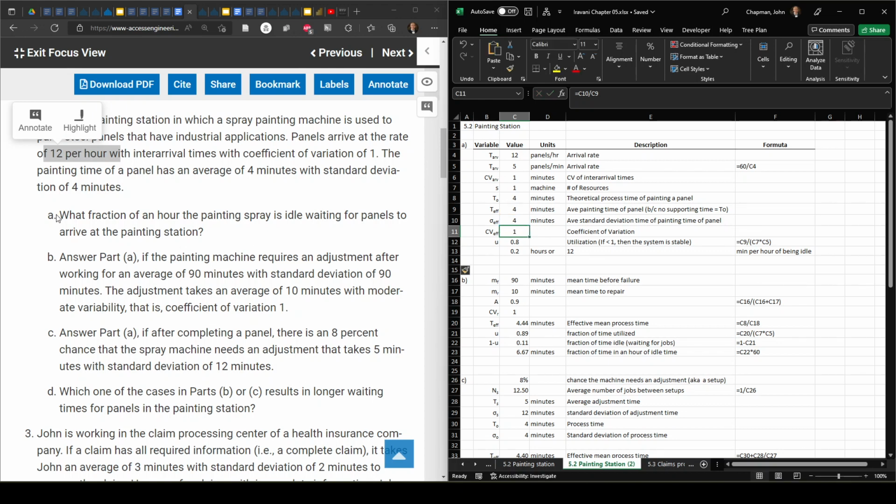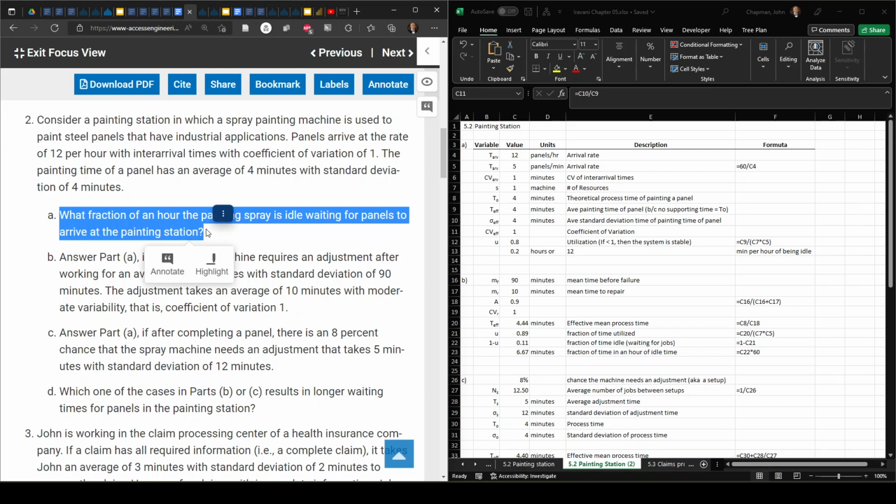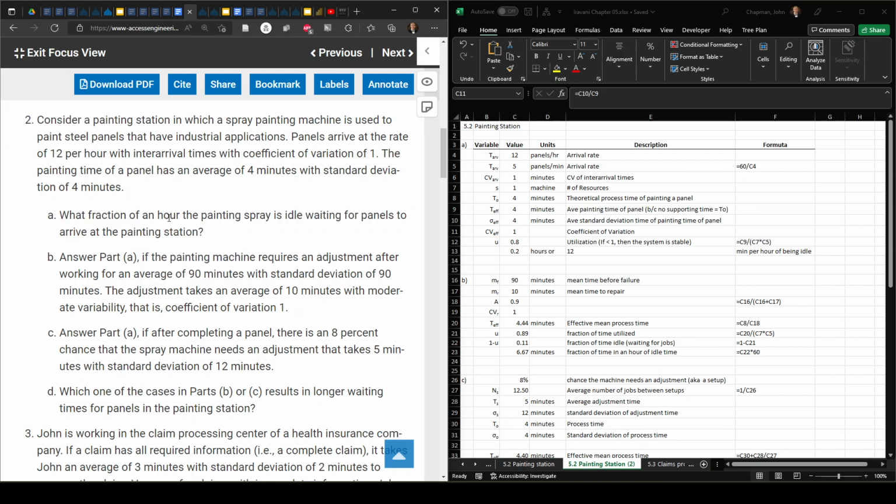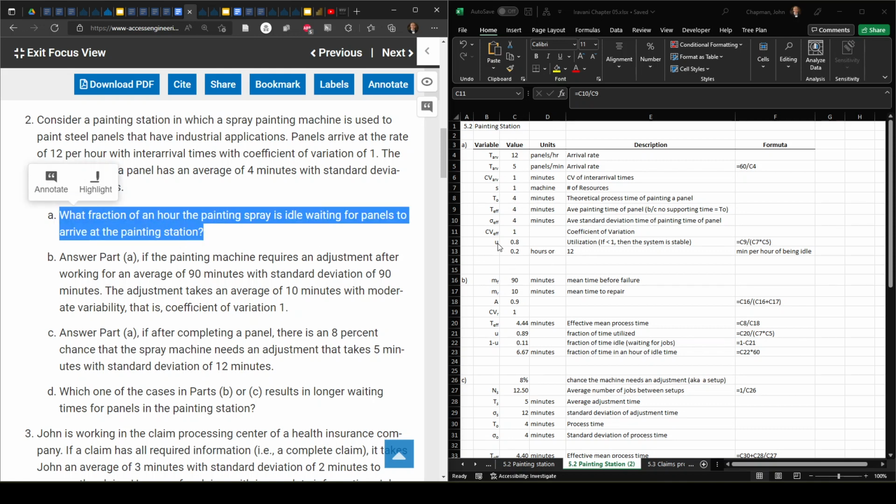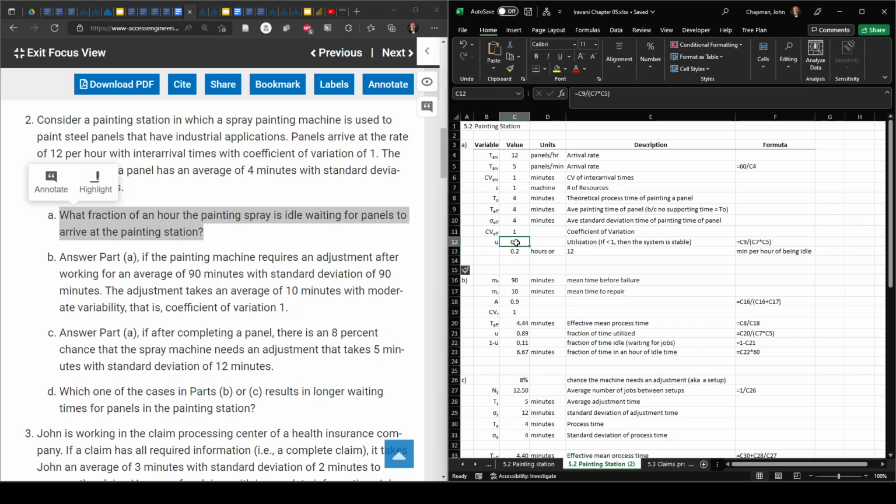First question, part A. What fraction of an hour is the painting sprayer idle? What time is the sprayer waiting for panels? We're going to calculate that using the utilization. The formula for the utilization is our effective process time divided by the arrival process time times the number of resources.